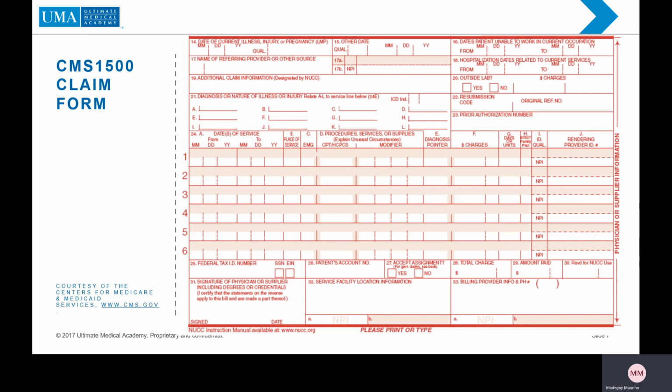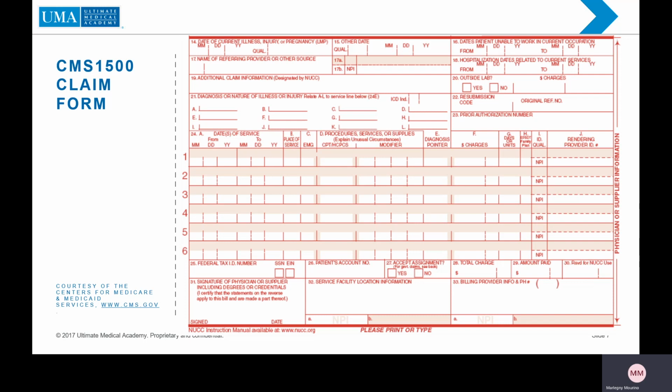So here you have your from and your to dates. 17, this is for the name of referring physician or other source. So you're going to enter the physician's first name and last name and credentials, but leave blank if the patient was not referred.